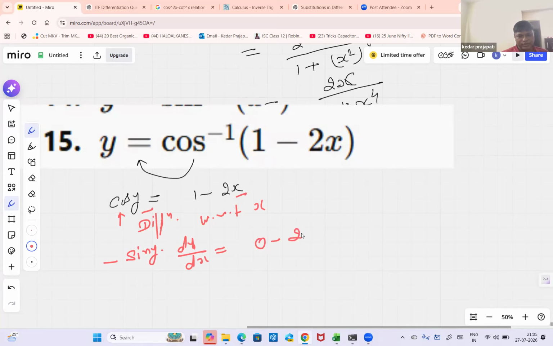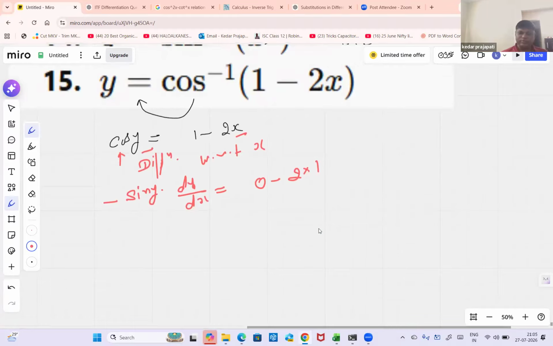Differentiation of x is 1. So this is nothing but minus 2. This minus minus cancel. So dy by dx is equal to 2 by sine y.